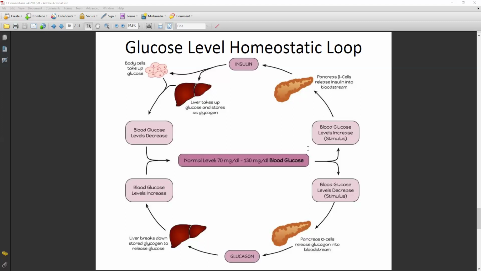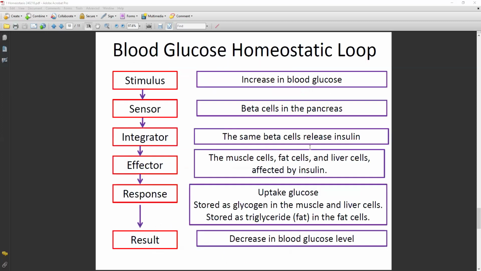If we write out this homeostatic loop, the stimulus will be high glucose level. The sensor to detect high glucose level is beta cells. Beta cells have the sensor portion to detect the high blood glucose.